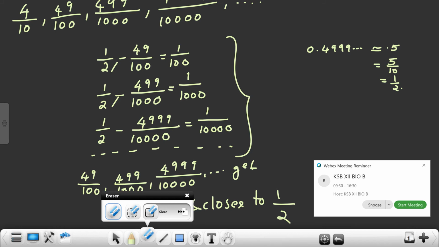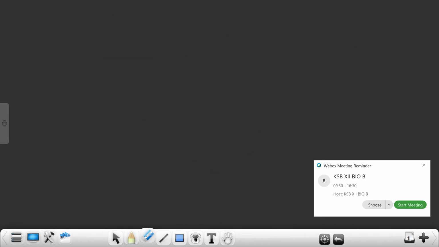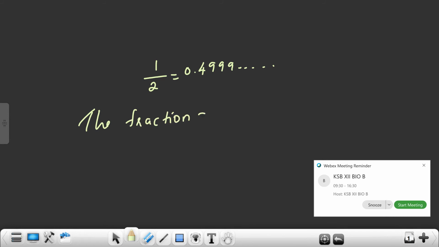So by the new extended definition of decimals, we can say that 1 by 2 is equal to 0.4999 etc. That is, the fraction form of 0.4999 etc. is equal to 1 by 2.